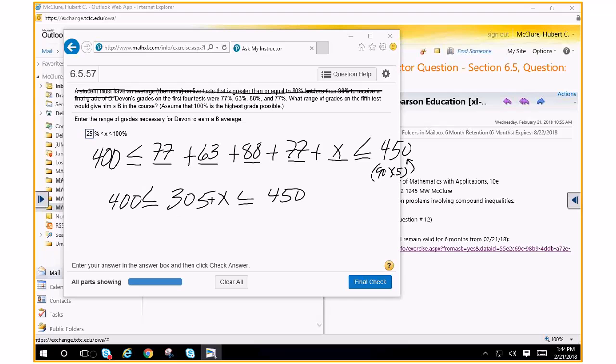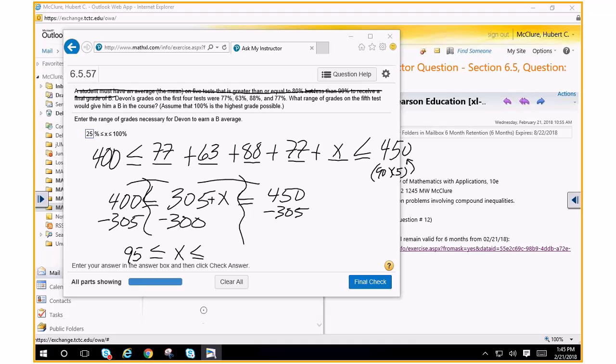Okay, sorry. Now, how did I get rid of adding 305? Or take it across the two rivers, however you want to say it. It'd be a negative 305 and a negative 305. Now, what's 400 minus 305? 95.